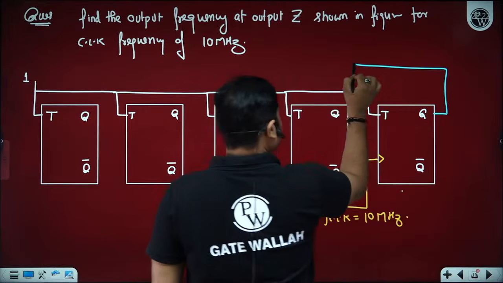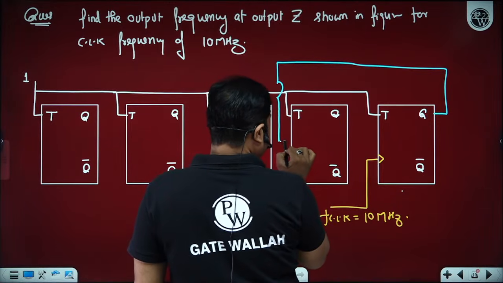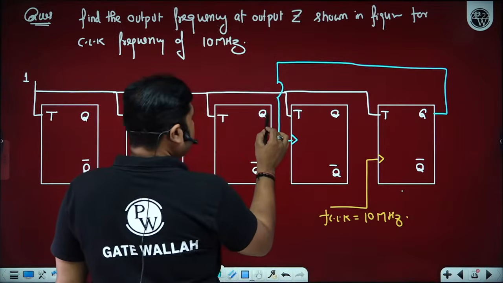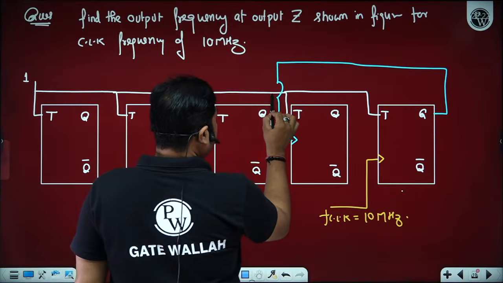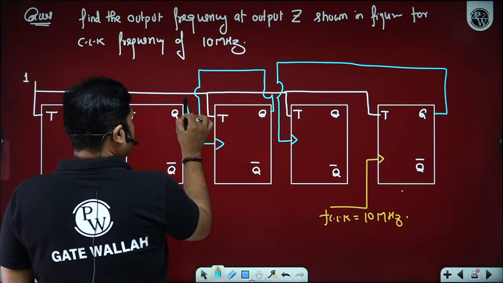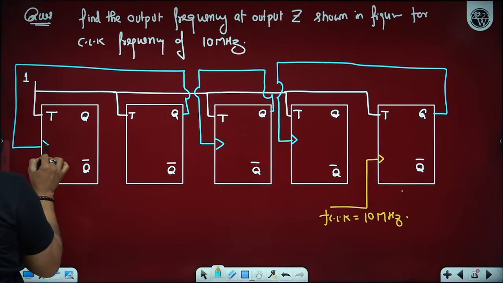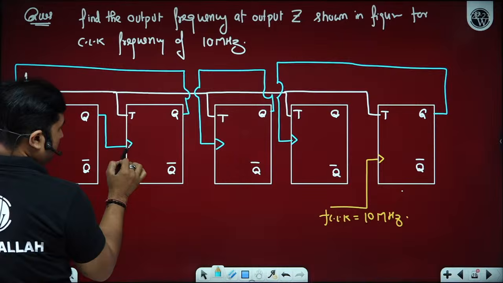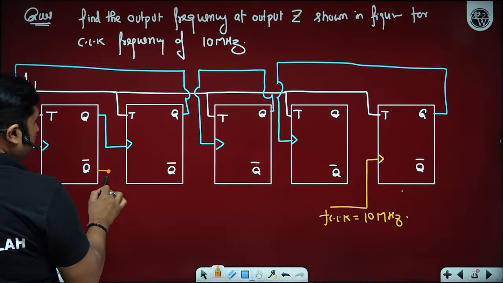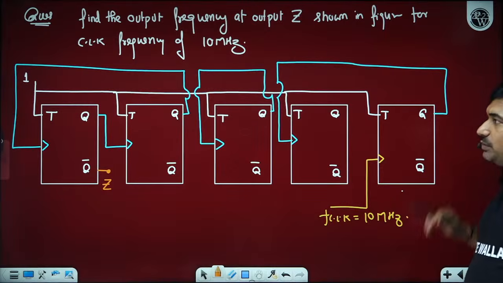The output of this will become the clock of the next, and that too is positive edge triggered. Also, you have to tell me whether it is an up counter or a down counter. You have to tell me the output frequency at output Z.